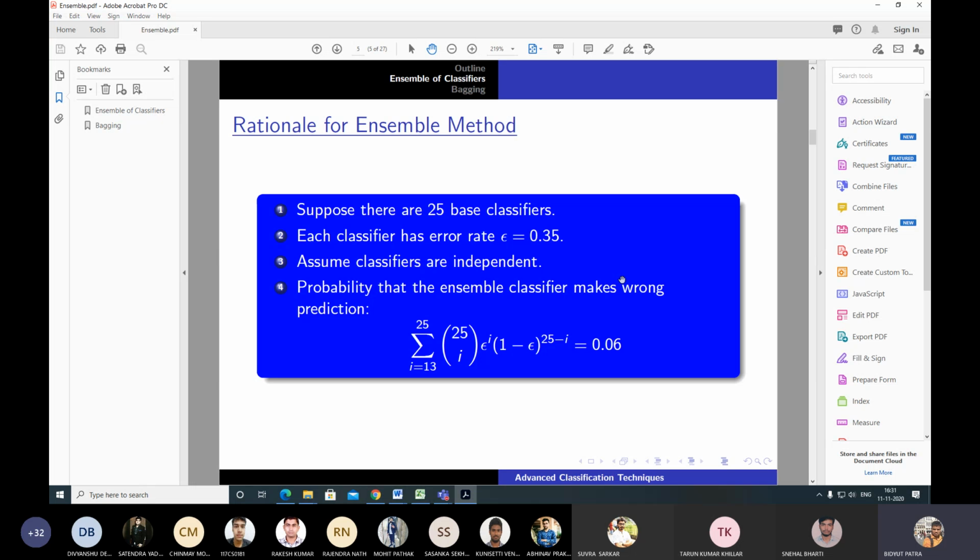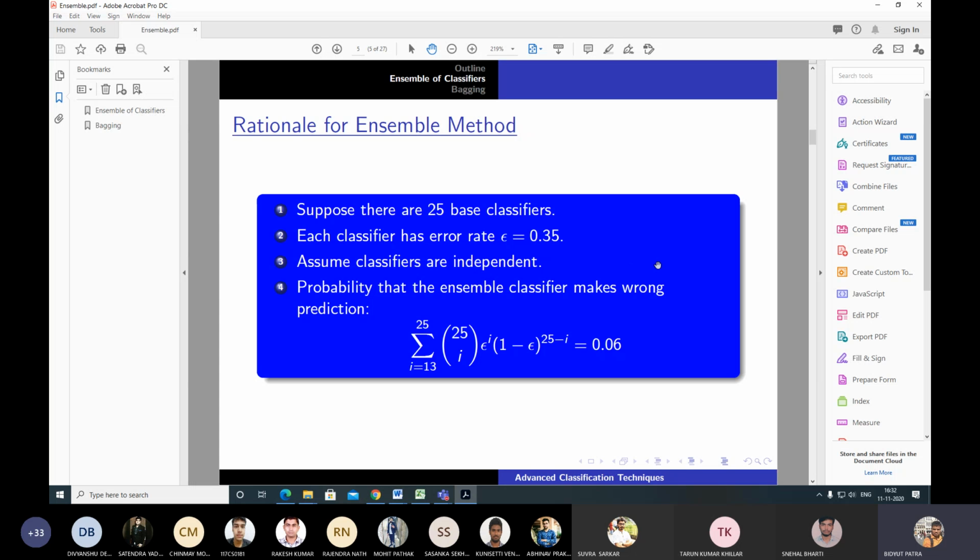A test object will be misclassified if, out of the 25 base classifiers, at least 13 misclassify it.